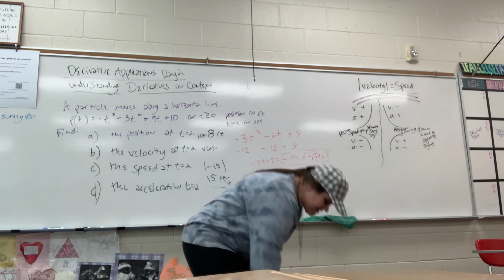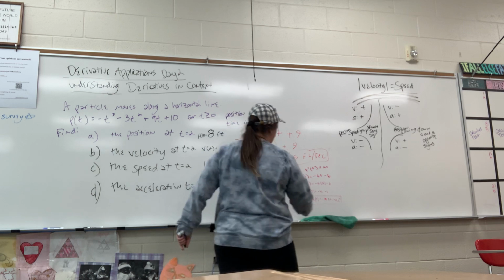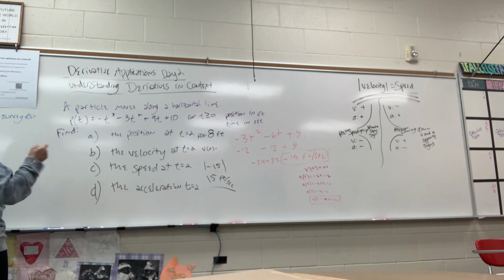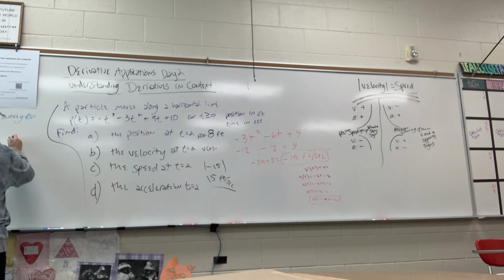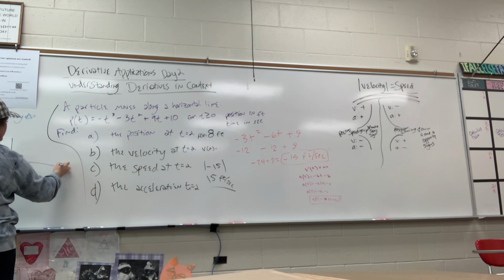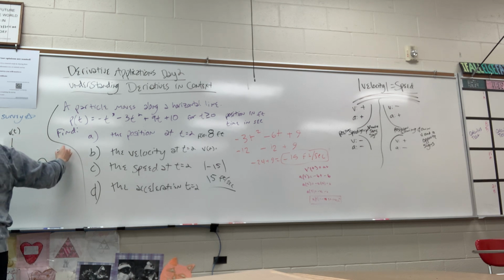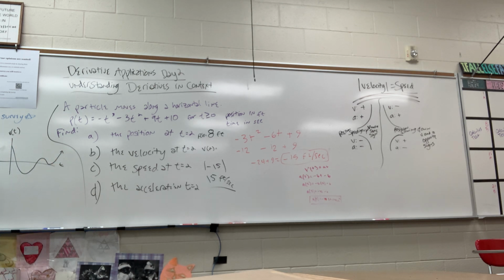Okay, so we're going to stop for a second here and talk about that. Let's say this graph has nothing to do with this situation. This is just some other graph. It's a velocity graph. We'll start it at 0. Careful, this is a velocity graph, right?